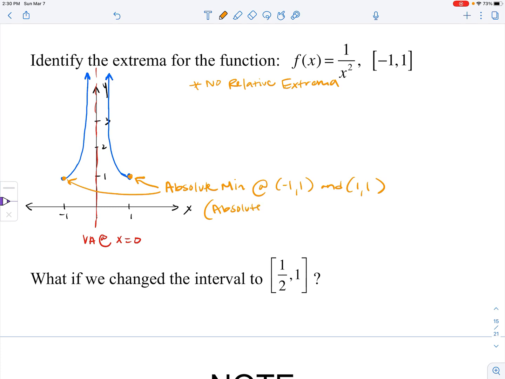So the absolute minimum value is 1. No absolute maximum, though.